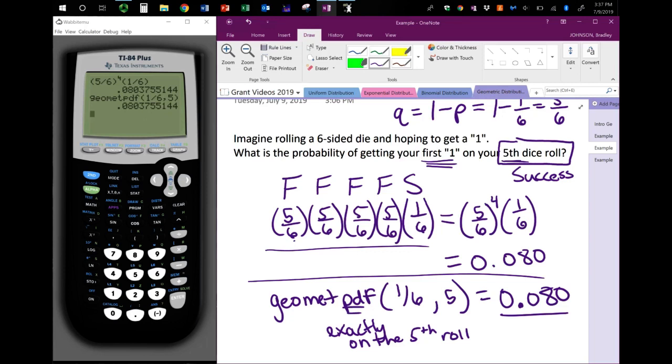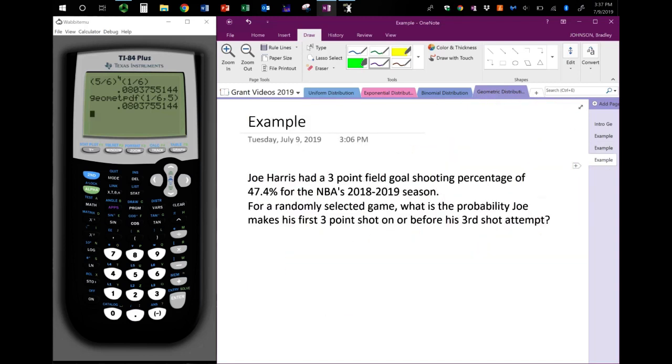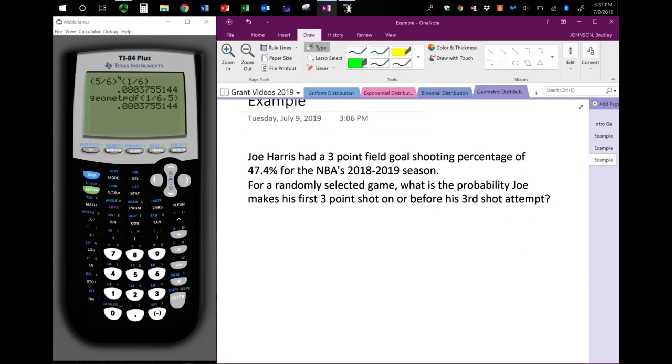Okay, so how about we do a CDF example? So from here, Joe Harris had a 3-point field goal shooting percentage of 47.4% for the NBA's 2018-2019 season. You can get this from ESPN.com or any other statistical online resource.